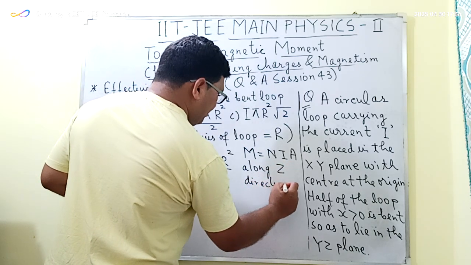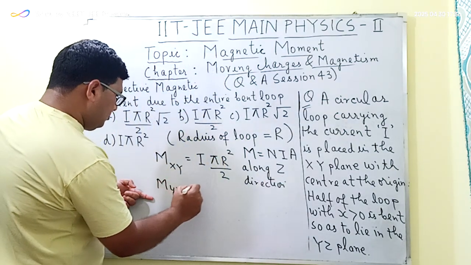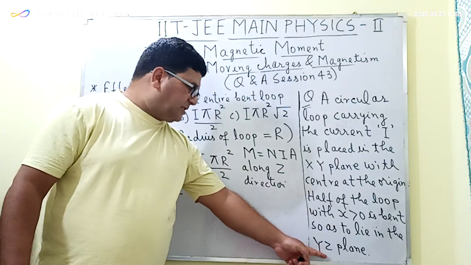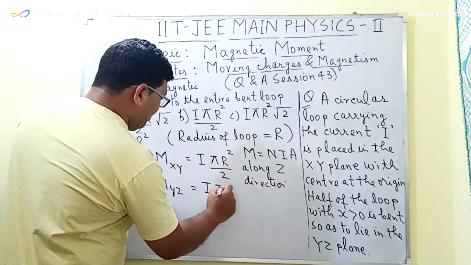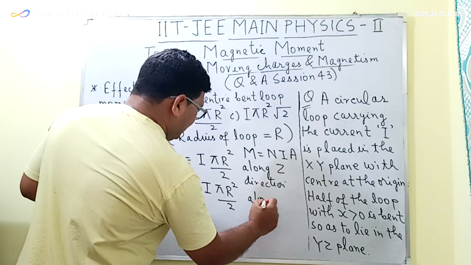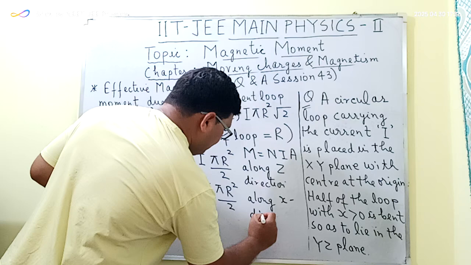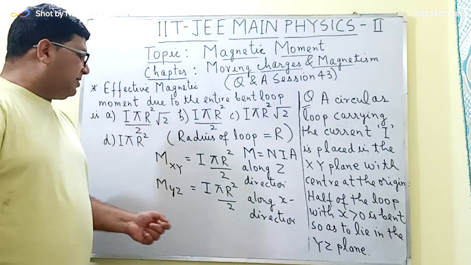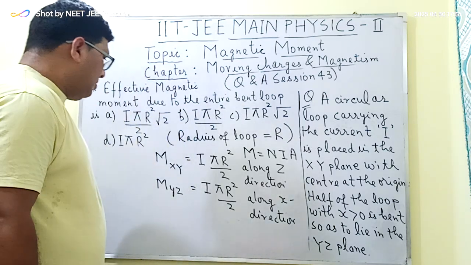And the magnetic moment due to the half current carrying loop which is lying in the YZ plane will be equal to I pi r square divided by 2, and it will be directed along the x direction. The direction of these magnetic moments is given by the right hand thumb rule.